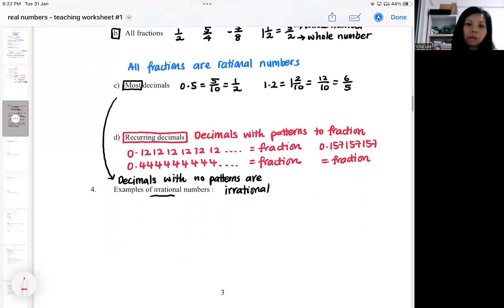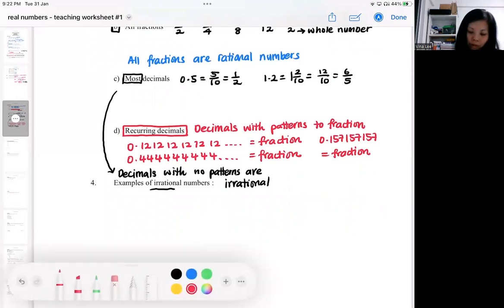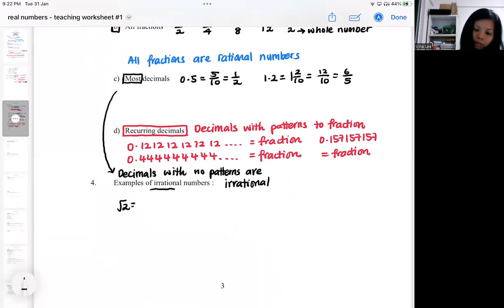Now, examples of irrational numbers. The feature will be decimal with no pattern. For example, square roots. If you punch it out on your calculator, you will see one chain of decimals and you don't see any specific pattern.